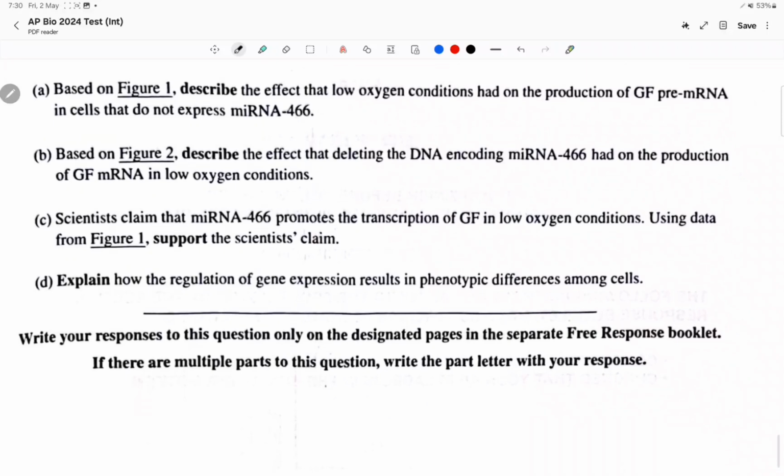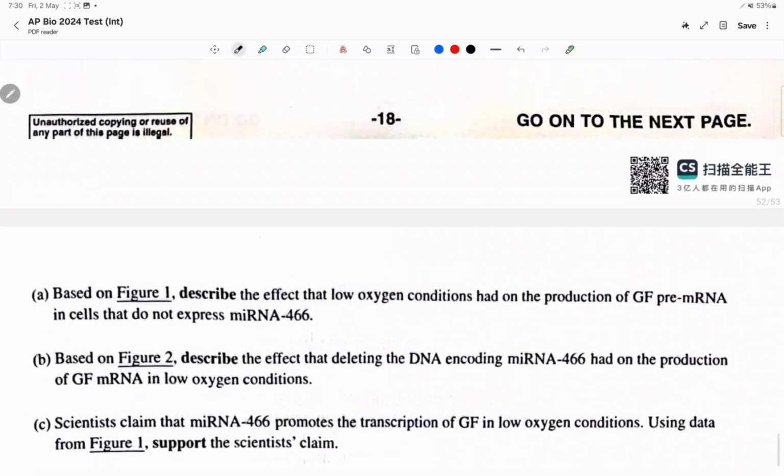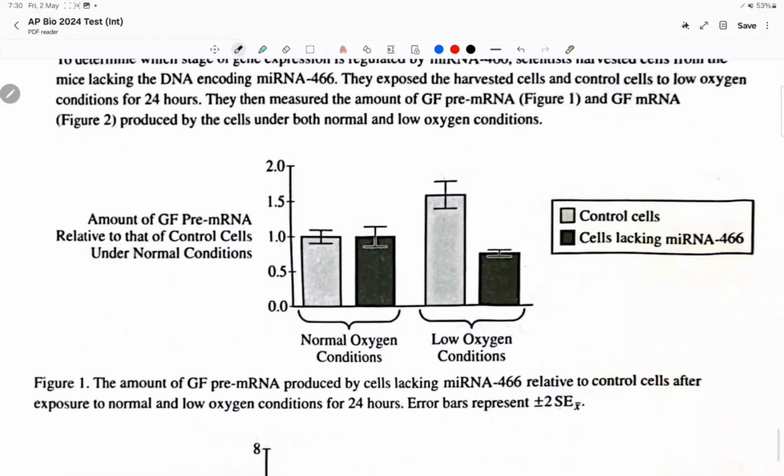A. Based on figure 1, describe the effect that low oxygen conditions had on the production of GF pre-mRNA in cells without miRNA 466. So go back to cells lacking miRNA 466, under low oxygen conditions.